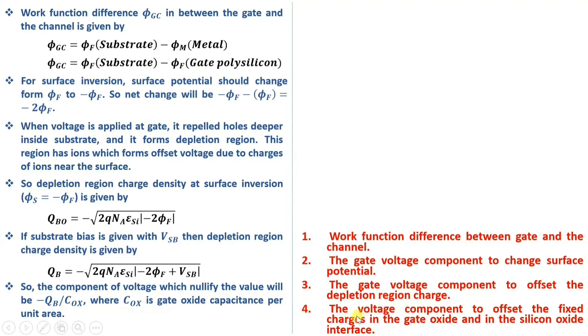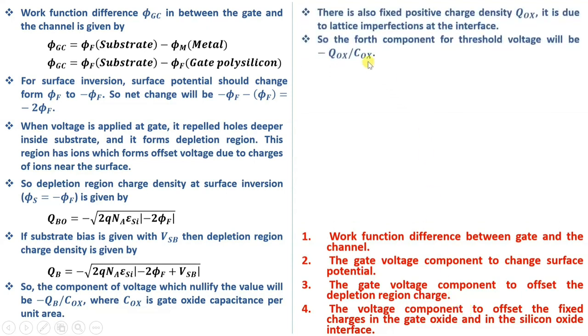Now, fourth component of voltage that is happening because of imperfection during fabrication in lattice structure. So, because of that, there will be fixed positive charge density, that is QOX, and that is due to lattice imperfection at interface.